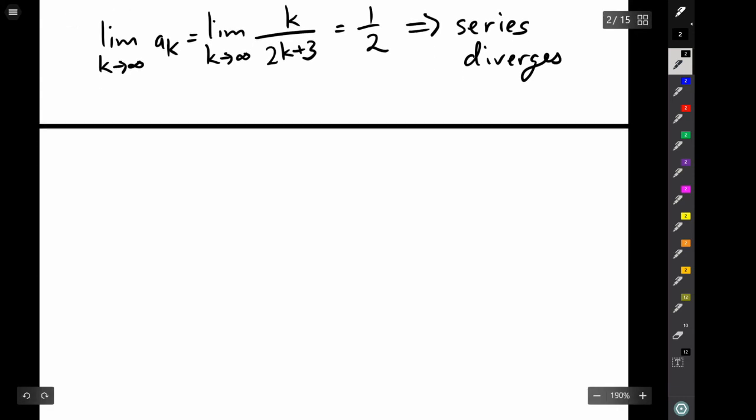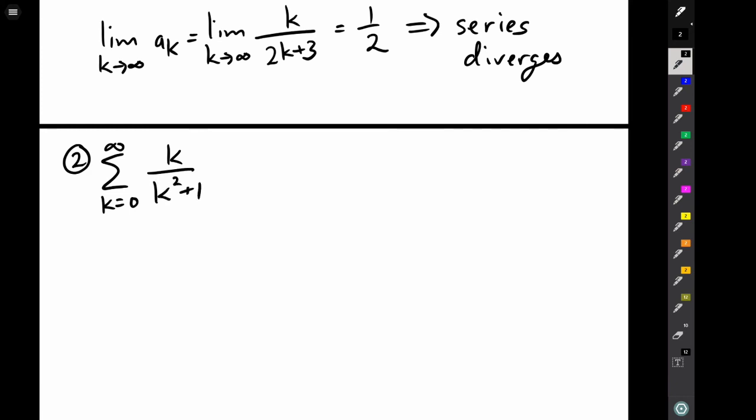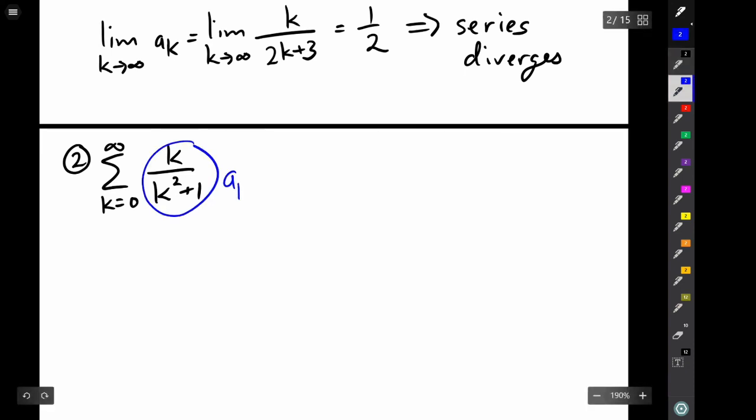All right, let's look at another example here. Example 2: the sum from k equals 0 to infinity of k over k squared plus 1. Again, here, this is our a_k. So we're asking, what is the value of the limit as k goes to infinity of k over k squared plus 1?